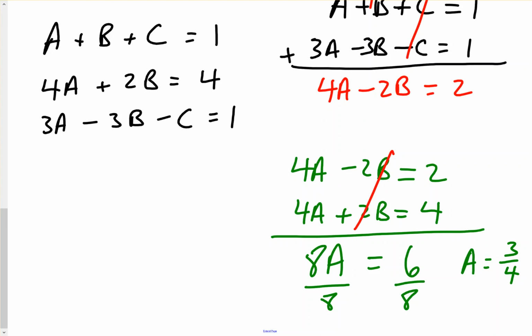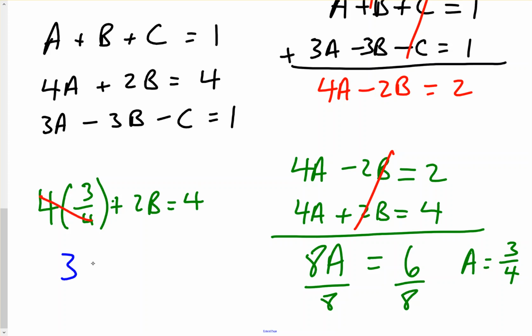Well, let's plug it into this middle equation, the one we just used here. So we have 4 times 3/4 plus 2b equals 4. Okay, so doing this, the 4's cancel. We're left with 3 plus 2b equals 4.